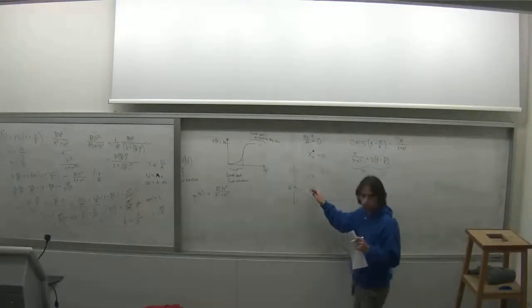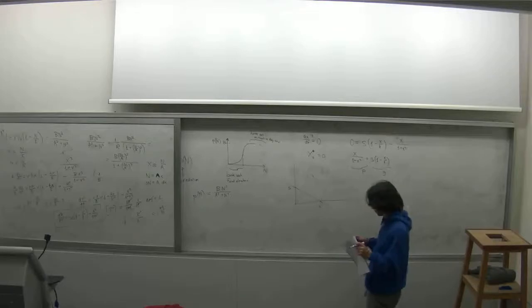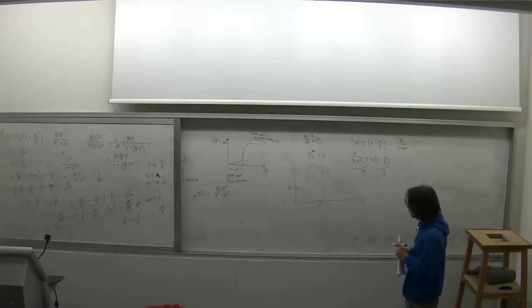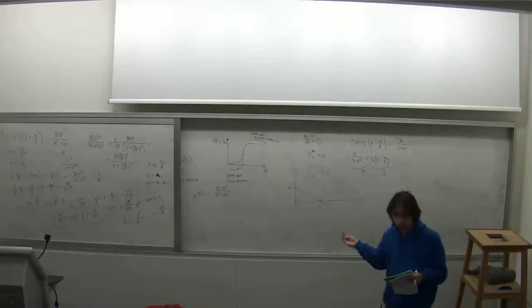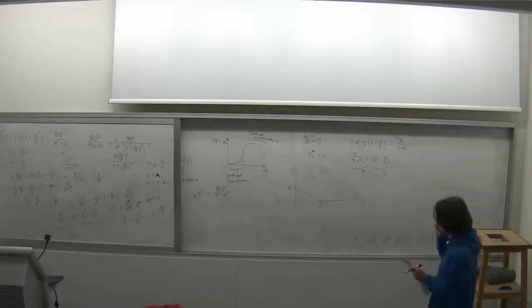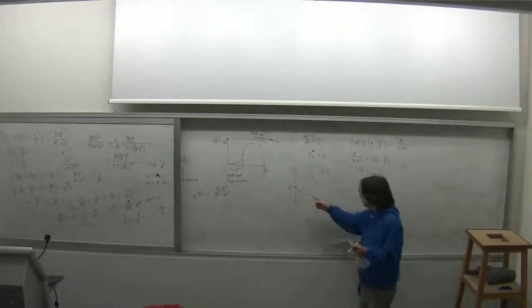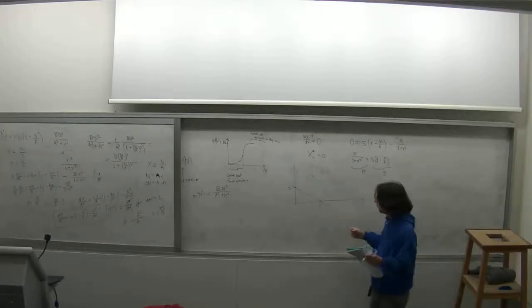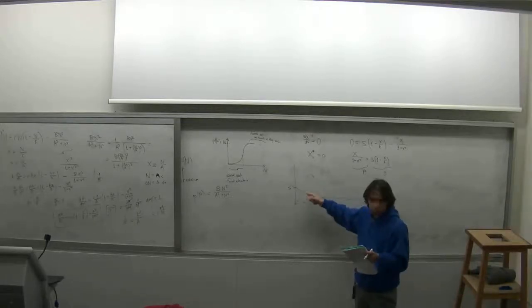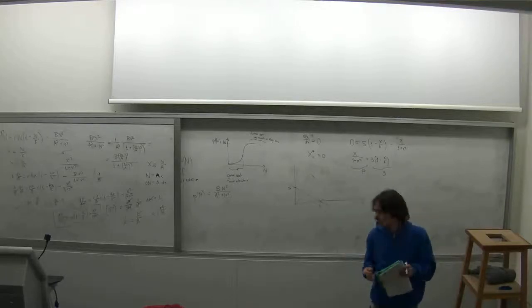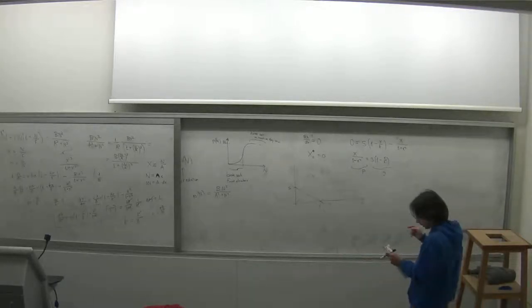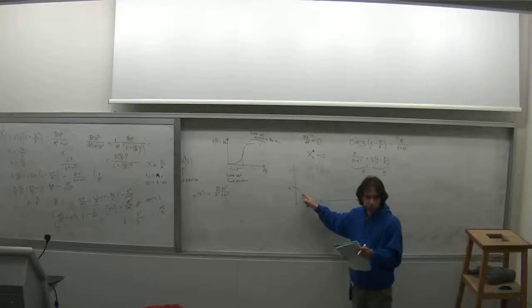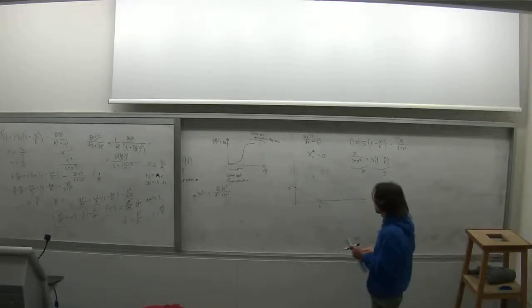Oh, we don't know. This is my next point, that depending on S and K, there can be different intersections between these two curves, and of course the intersections are our fixed points, right?